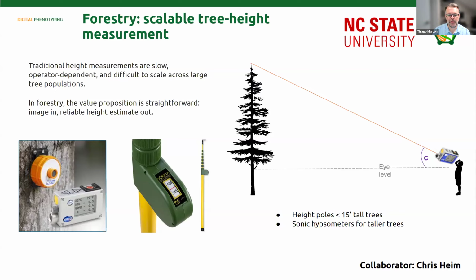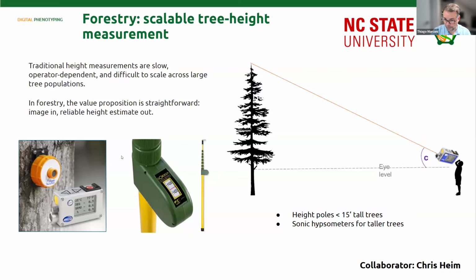At the peak of the season they have to go and measure every single tree of their trials, right? Because tree height is a very important trait for them. And how do they do it? They use this equipment here called a hypsometer, right? This was actually new for me too, because I'm not from the forestry area.